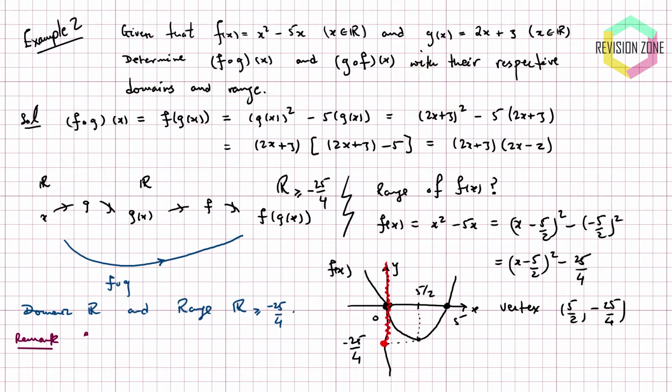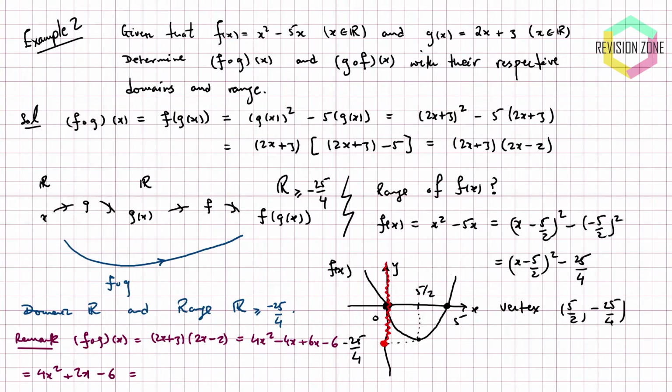So we know that f of g is basically this thing here, which is 2x plus 3 times 2x minus 2. So let's expand this out. I'm going to get 4x squared, and then minus 4x plus 6x minus 6, which of course we can simplify to 4x squared plus 2x minus 6.